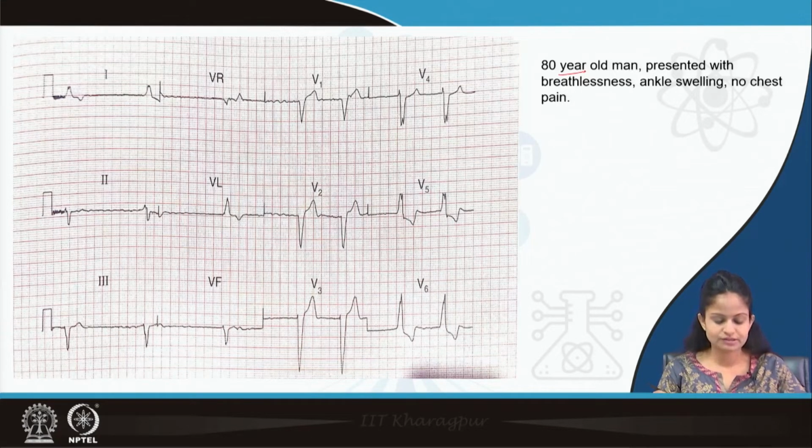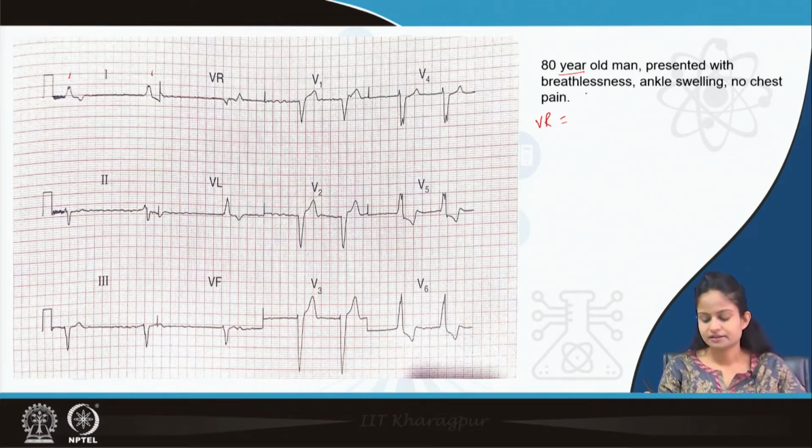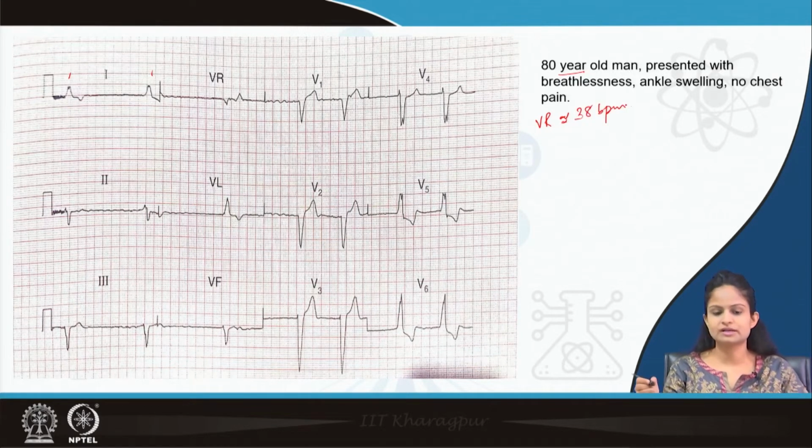So we will calculate the ventricular rate based on our simple basic formula. As per the number of large boxes, we can calculate the ventricular rate as approximately 38 beats per minute, that is 300 by 9, as I could count around 9 large boxes.